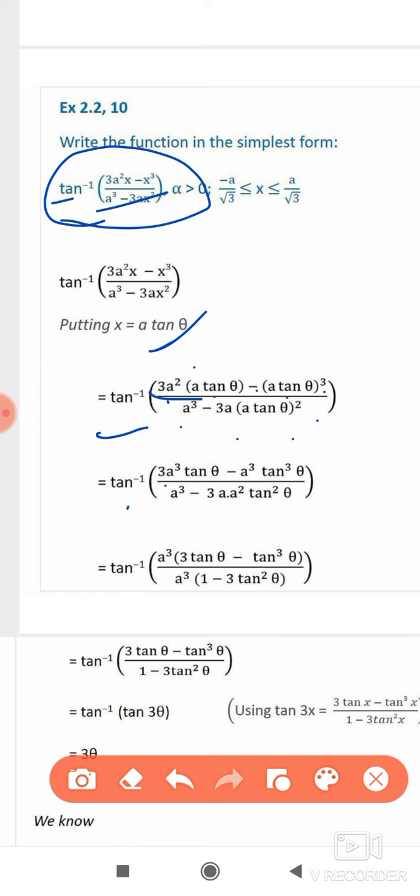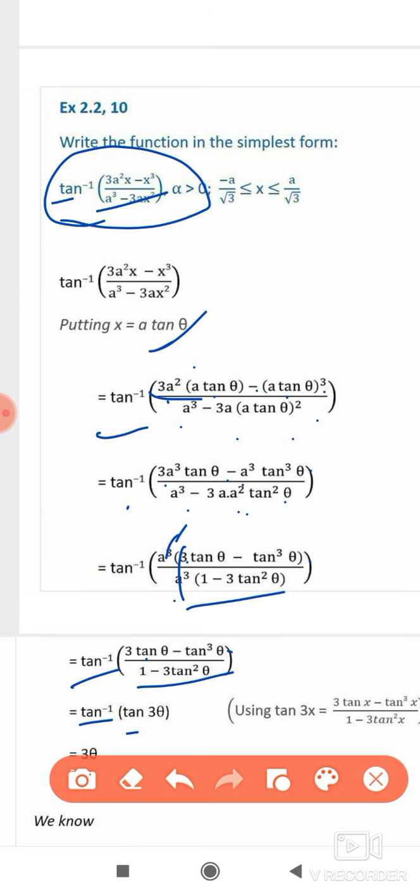Then tan inverse 3a cube tan theta minus a cube tan cube theta divided by a cube minus 3a into a square tan square theta. Just take this a cube common: 3 tan theta minus tan cube theta divided by a cube, divided by 1 minus 3 tan square theta. Cancel this a cube with a cube. Tan inverse of 3 tan theta minus tan cube theta divided by 1 minus 3 tan square theta.